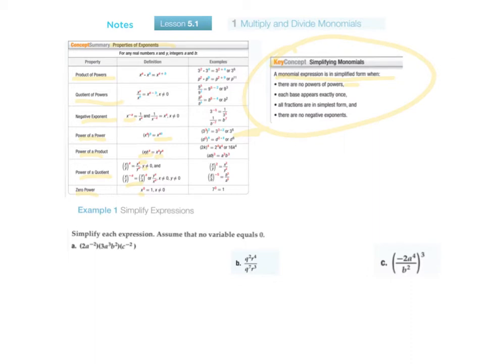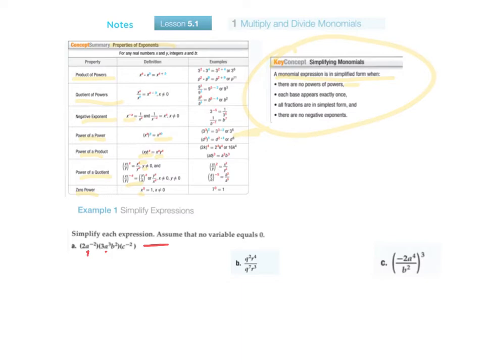So let's look at our first problem. We want to simplify as much as possible. We have negative exponents, we have base A repeats, and we have numbers that can be multiplied. So we're going to go ahead and start to simplify this.